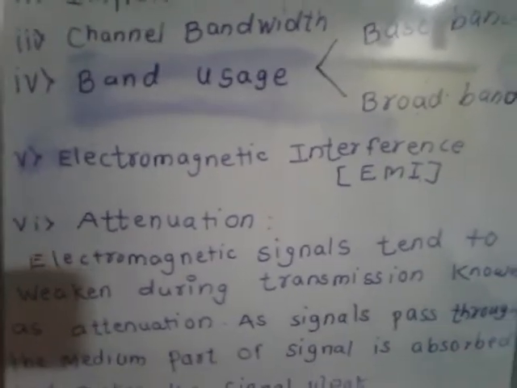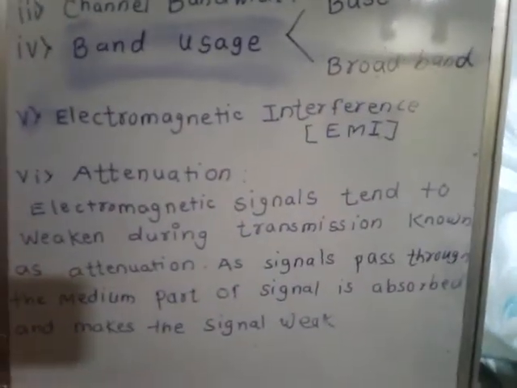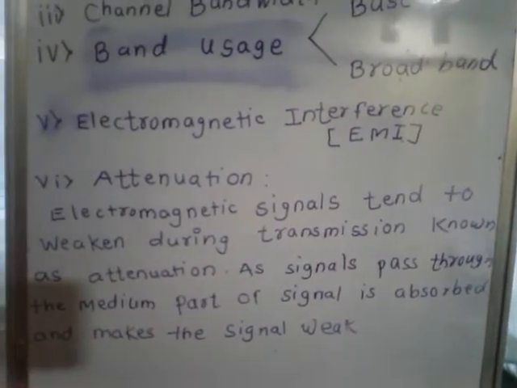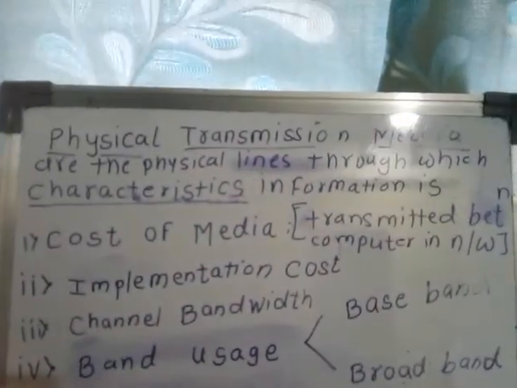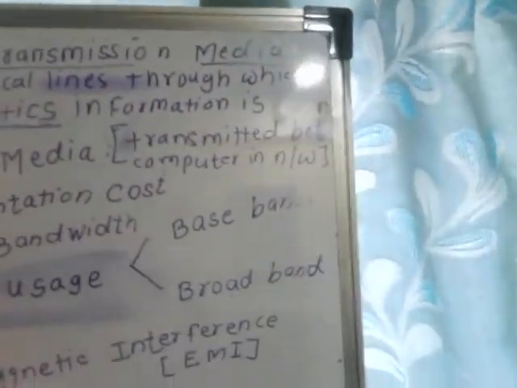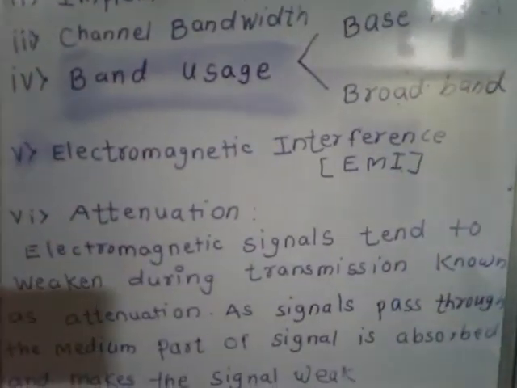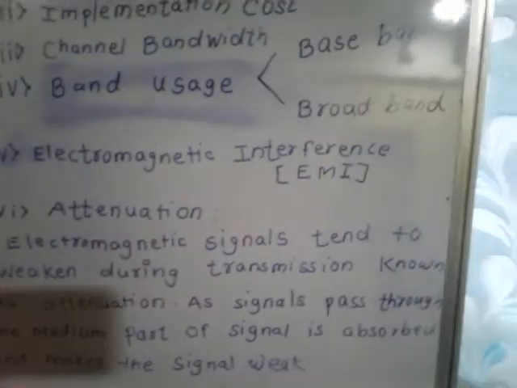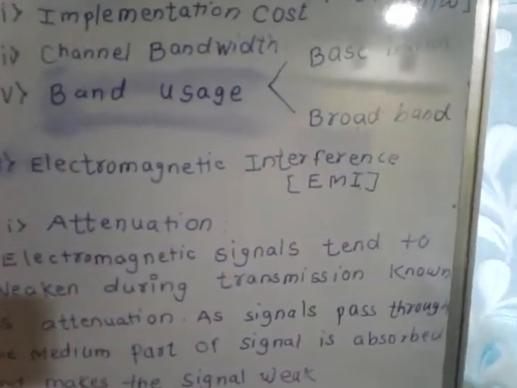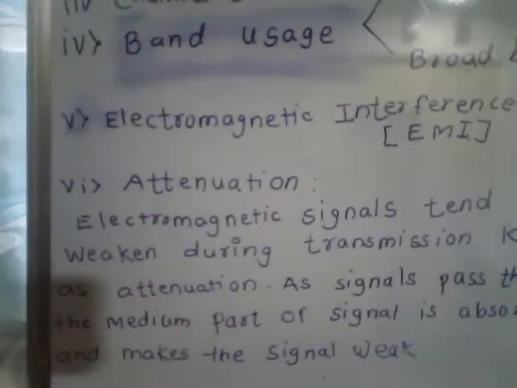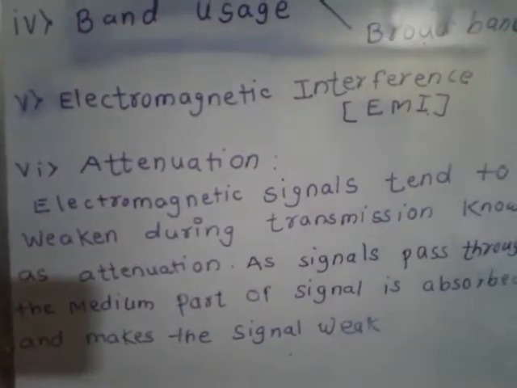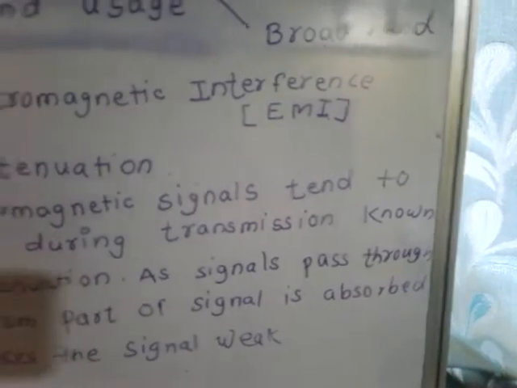Next is attenuation, and it is the last characteristic of physical transmission media. Attenuation means electromagnetic signals tend to weaken during transmission.